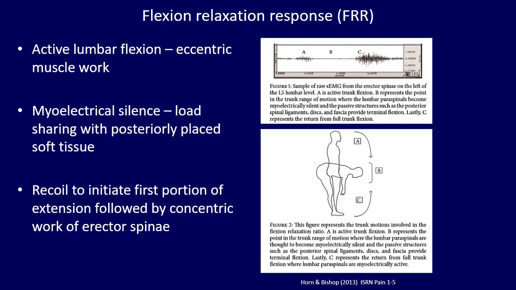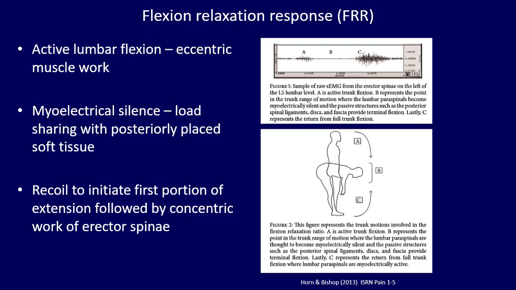But what we see is an obliteration of the activity of the muscle as we approach full flexion, and that is because the muscles are placed onto stretch, and we can transfer the force created by the muscle from active contraction to passive recoil. So the muscle starts to act as a giant elastic band.